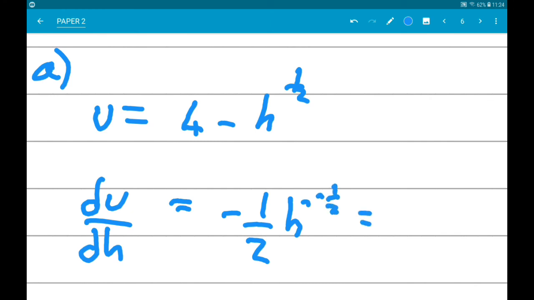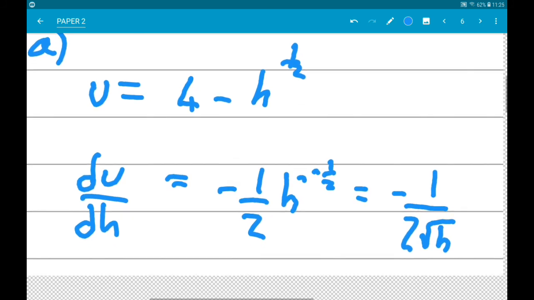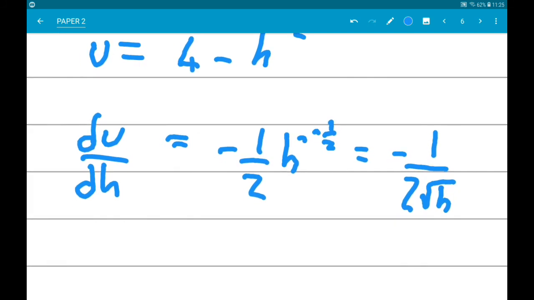So that is minus 1 over 2 root h. Okay, now from that, we're trying to work out what dh is.